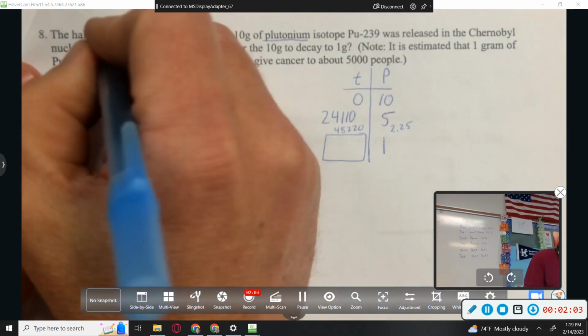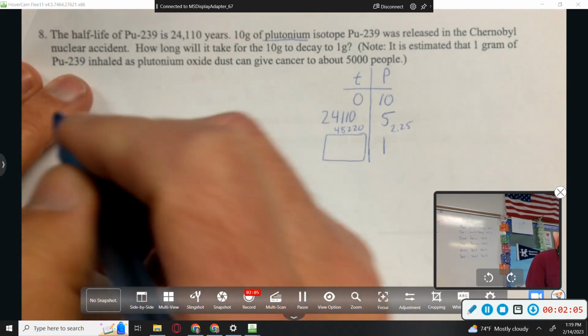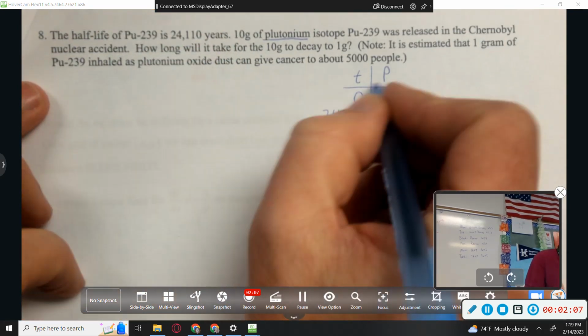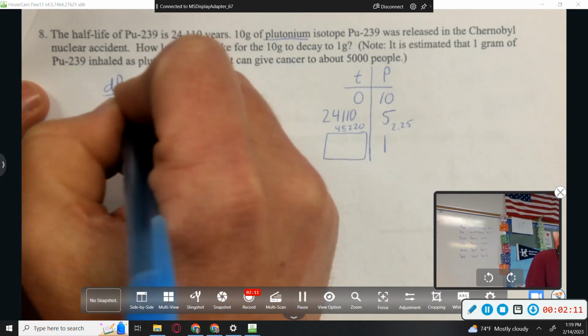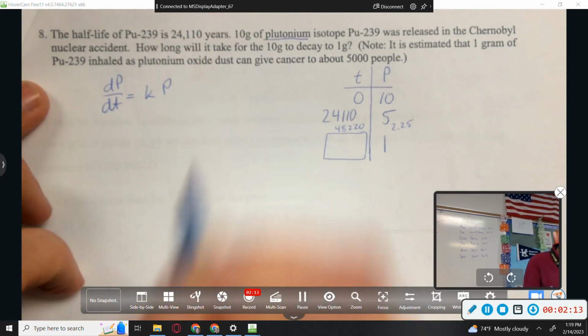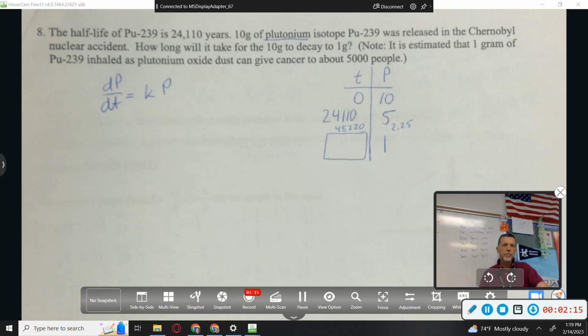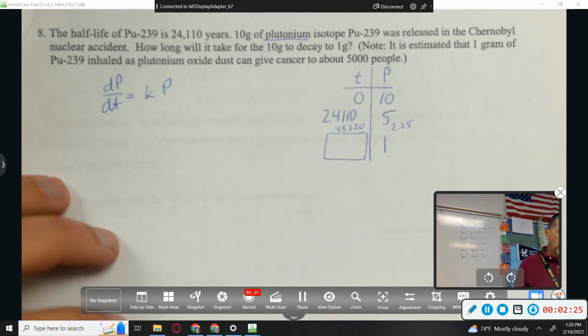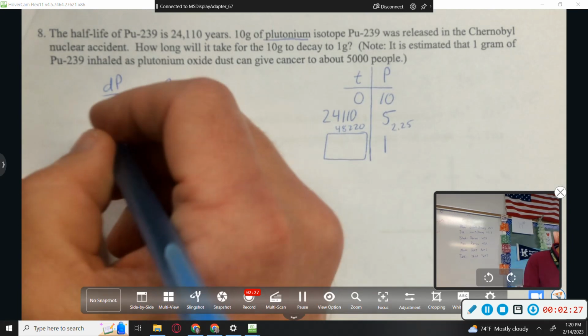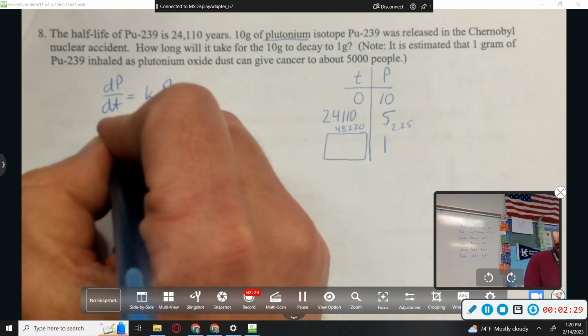Any sort of half-life or growth or decay problem, I guess we'll use P for plutonium, means dP/dt equals K times P. It's proportional to the amount that's there, the growth rate or the shrink rate. So in some sense, this is exactly like the problem we just did. Separate.